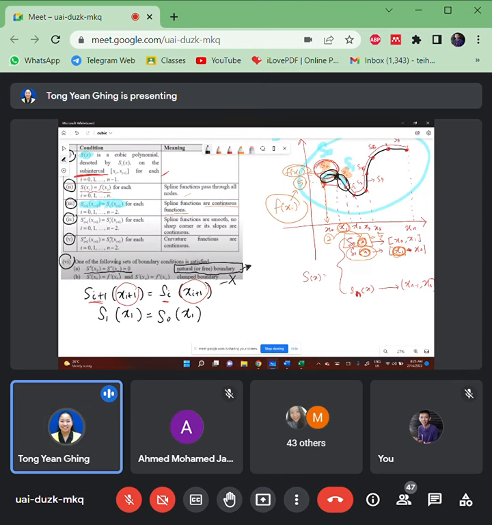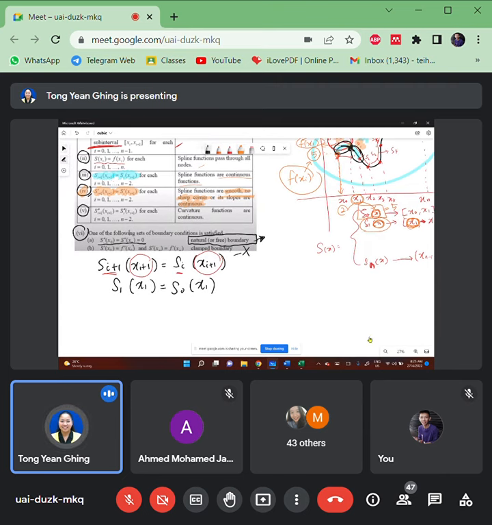Okay, go to criteria number 4, this one. It says that the spline function is smooth with no sharp corner, or its slopes are continuous. That means the first derivative of S i plus 1 for x i plus 1 has to be equal with the first derivative of S i of x i plus 1.